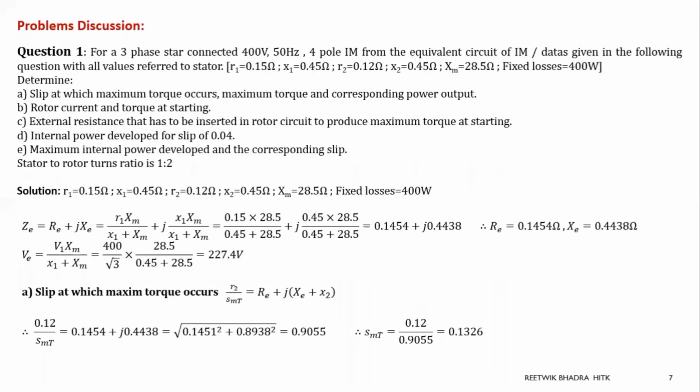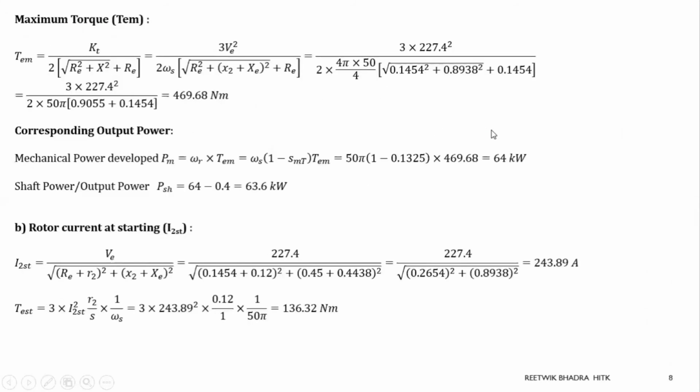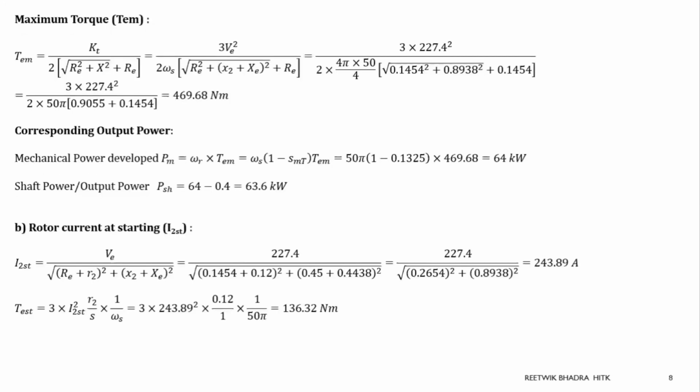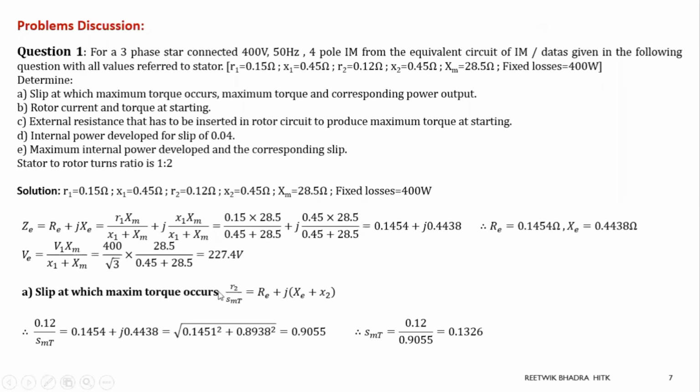Okay. So next, torque at starting. Torque at starting we had done. Next, the external resistance that has to be inserted in the rotor circuit to provide maximum torque at starting. So this is our condition for maximum torque, right?